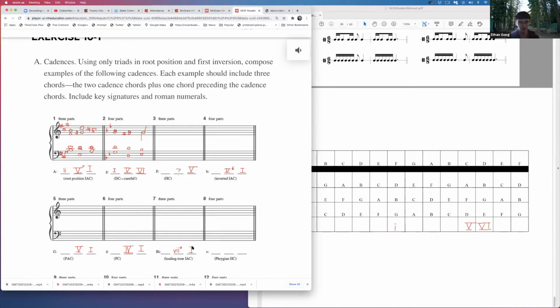Question 6, it's minor because D minor. Oh, okay. I guess. So both are minor, correct? Phrygian half cadence. What is that? 4 inverted, 4 to 5.